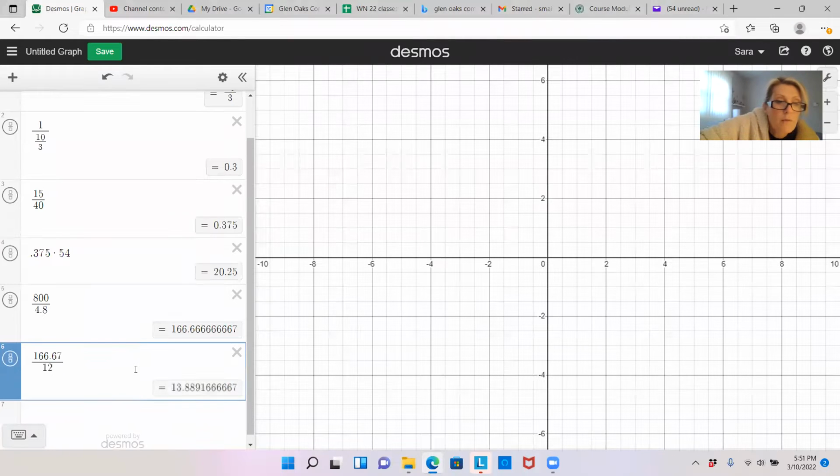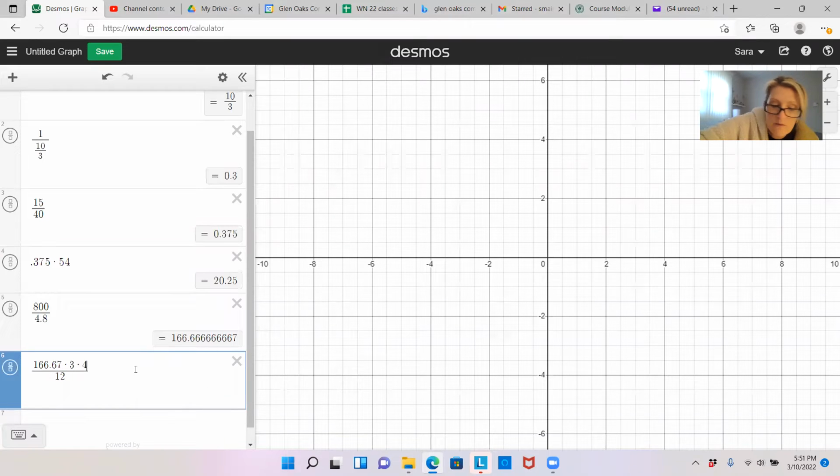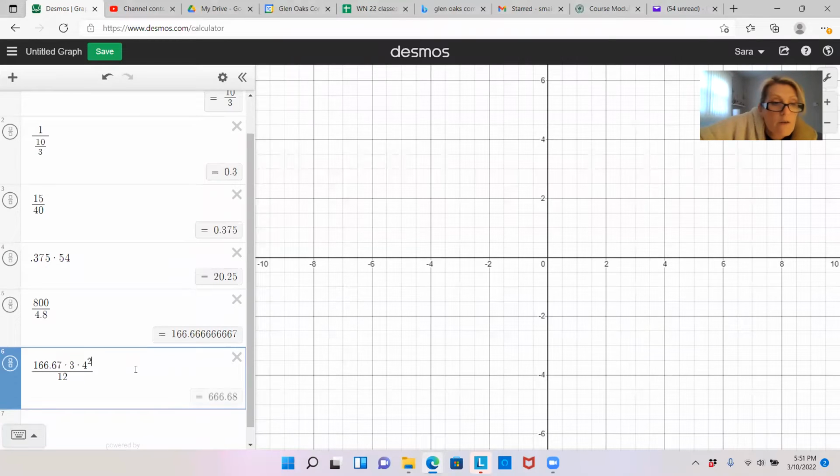I'm going to put the 12 on the bottom. So 166.67 times 3 times 4 squared. And it looks like it's 666.68 pounds.